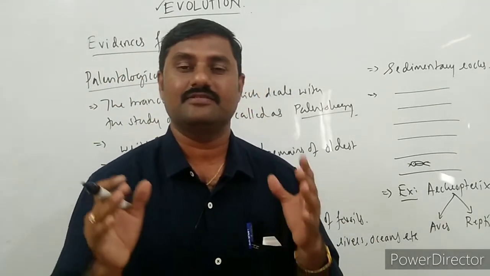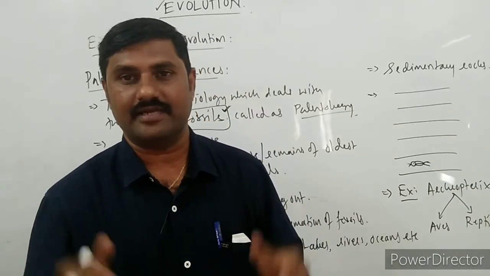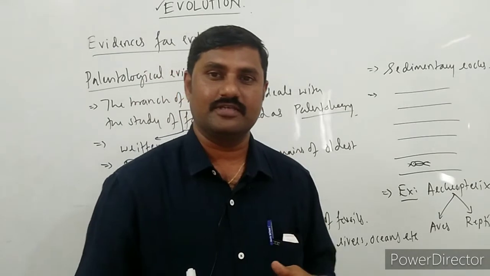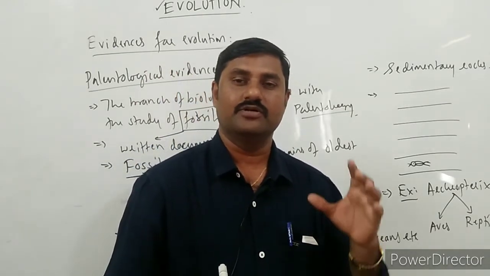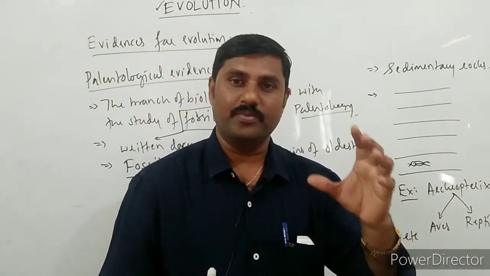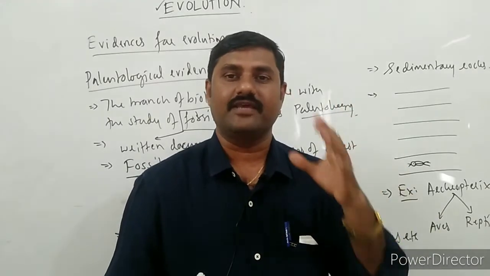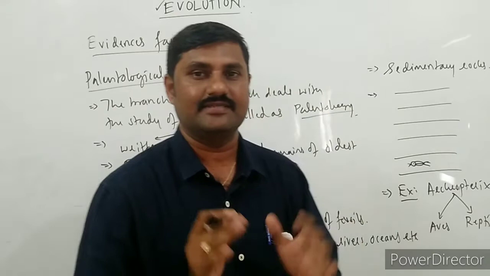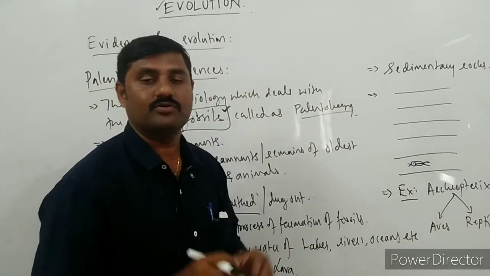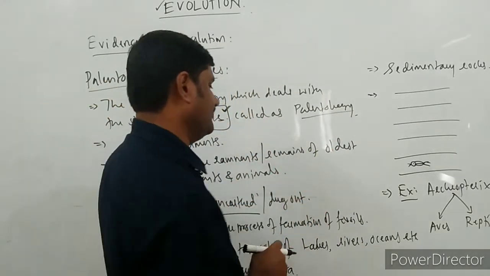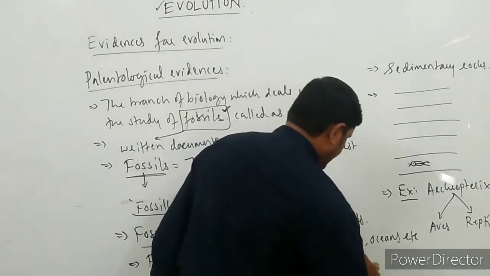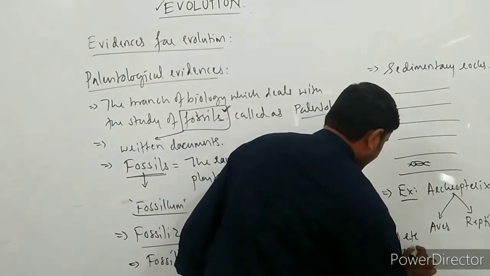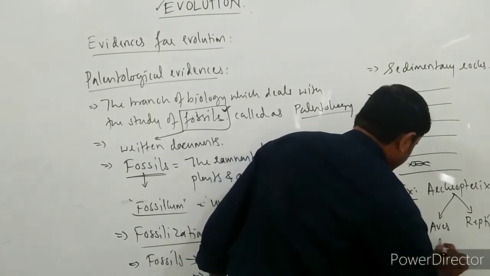There are some techniques to know the age of these fossils, meaning in which period, or how many million years ago, these fossil animals lived on this earth. So everything we come to know from these techniques itself, right? So they are said to be the dating of rocks and fossils itself.